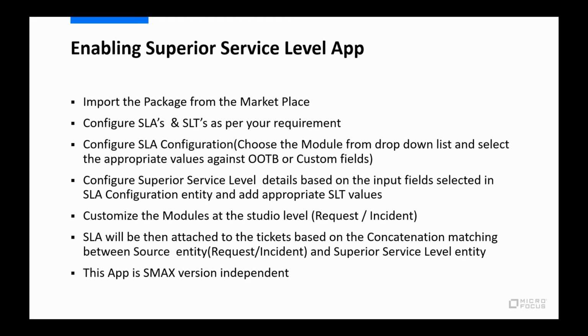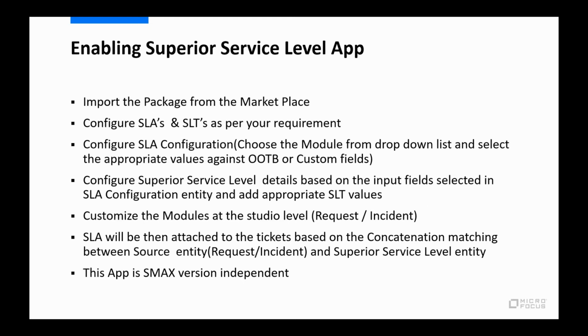So once you do that, we have two entities which come with this package. One is called SLA configurations. In this SLA configurations, you can choose the module, that is your incident, a support request, service request, or HR request. And you can also choose based on what fields you want to calculate the SLA.